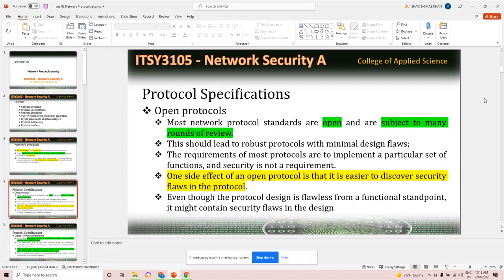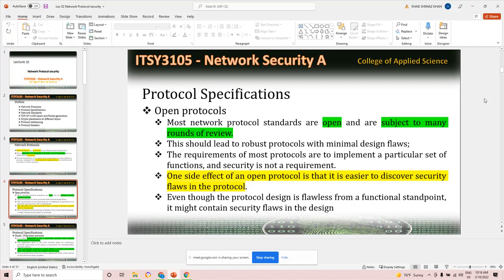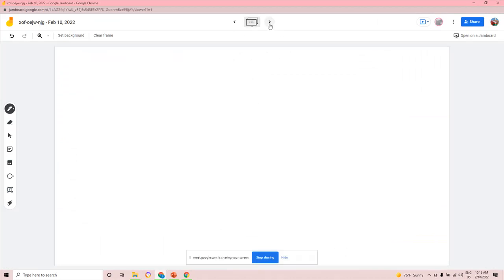Now, the next one is called open protocols versus closed protocols. For example, let's say you have a client and you have your server.